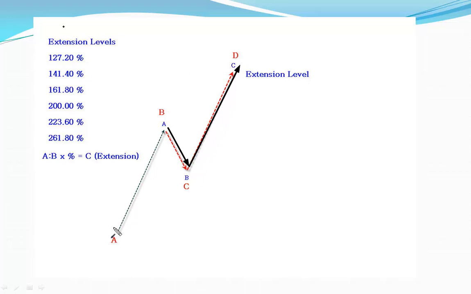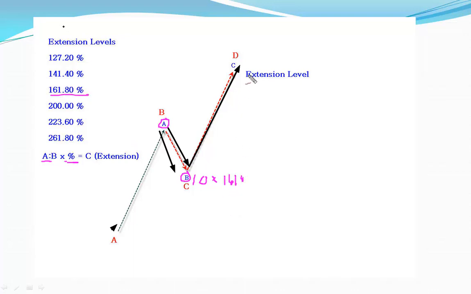So from this point right here, A to B, that's your impulse, that's your up, and then from here to here down, let's just say this is 10 points. So an extension is A to B, this A to B right here, times a percentage, so times, let's just say, 1618.